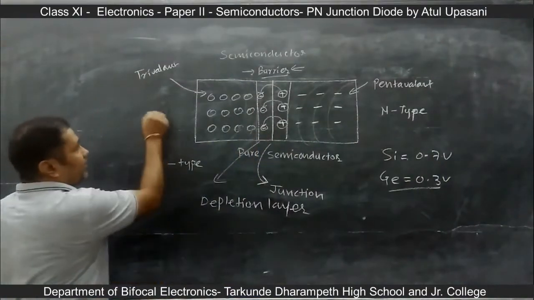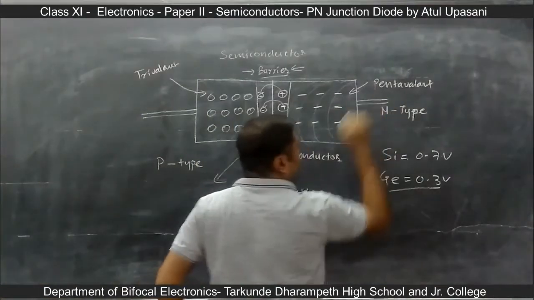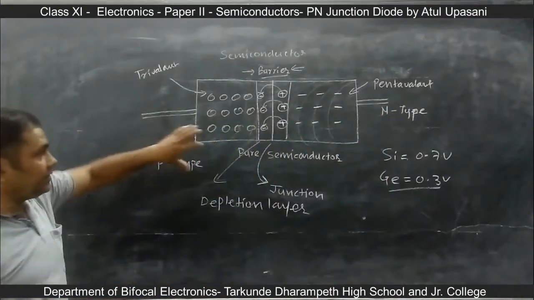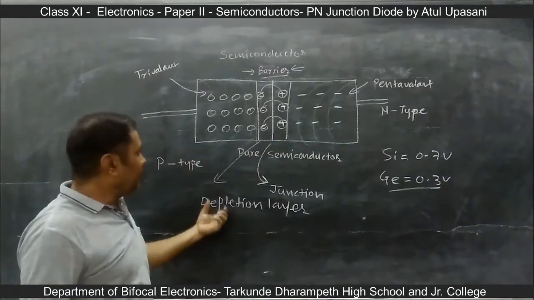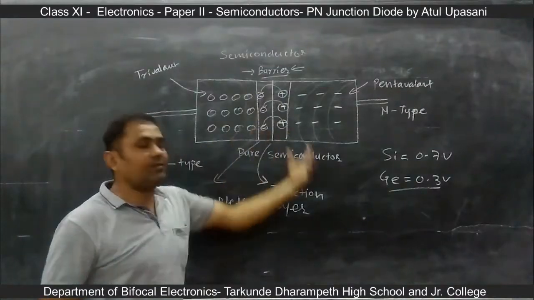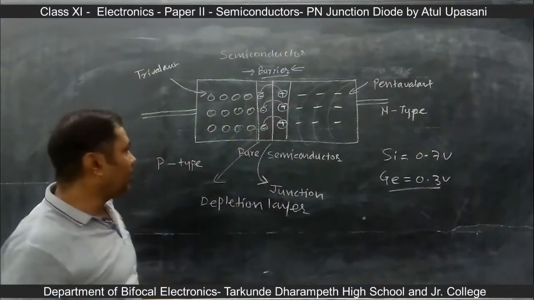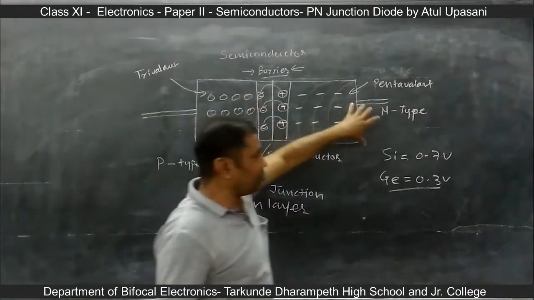Now we can connect connectors towards this side and this side, and we can connect this device in any electronic circuit. So this is how P and N form a junction. That is why this device is called a PN junction. In the PN junction, this side is the positive side and this side is the negative side.